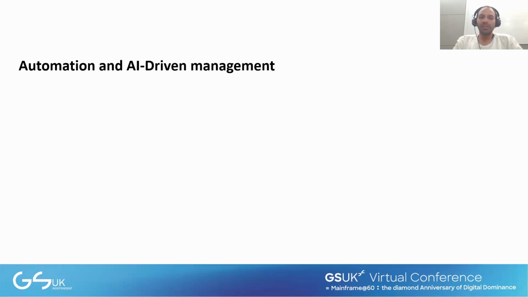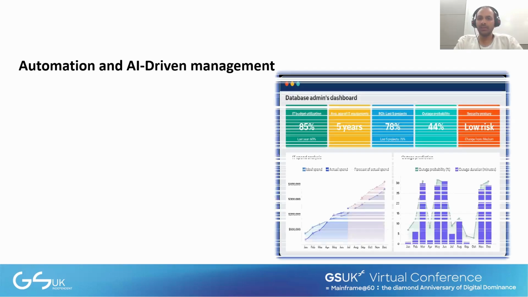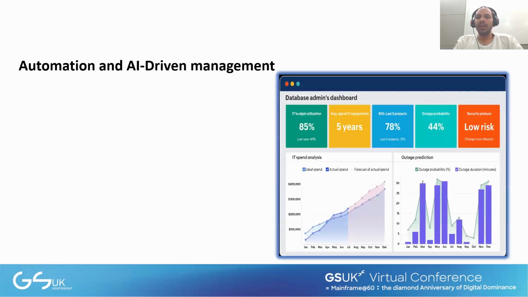So automation is one important aspect which has been there for ages, but it continues to be in the future as well, along with AI. In the future, managing all these databases is going to be AI driven. As you can see in the dashboard, earlier we may not have had predictive analytics, like when an outage can happen, or when I'm going to expect a huge volume of data.